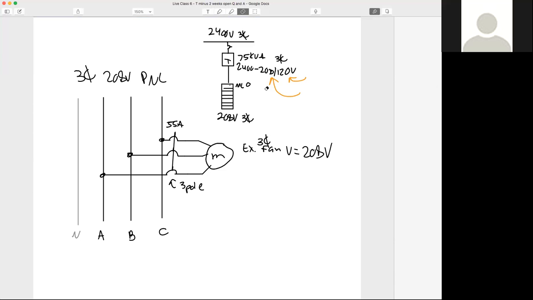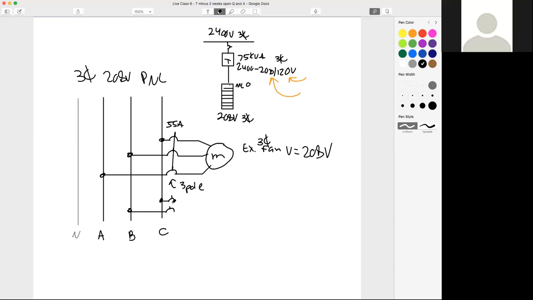Now, how about this? Let's do B to C. I'm not going to say single phase or 3-phase yet. Let's just say a 2-pole breaker from a 208 panel. What's another common load you see? Dryer. Perfect, I'll take that.